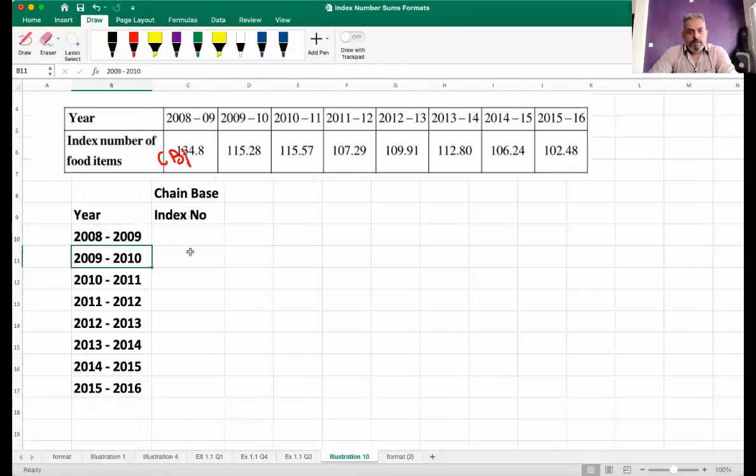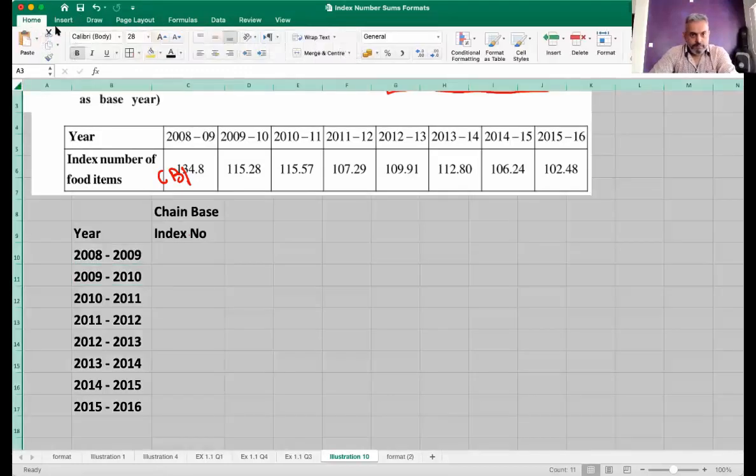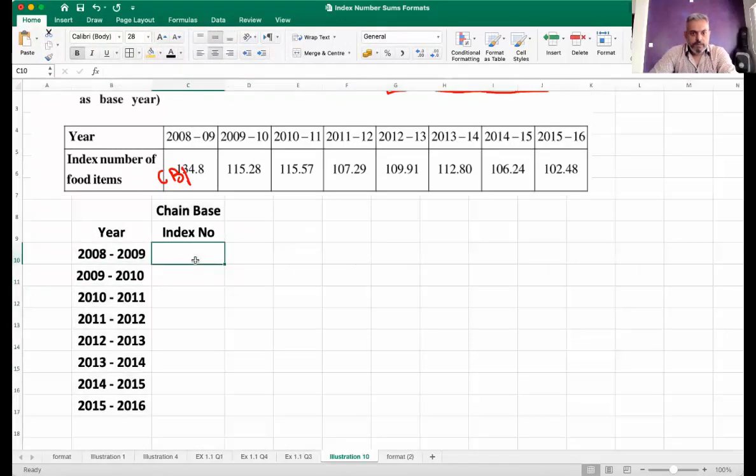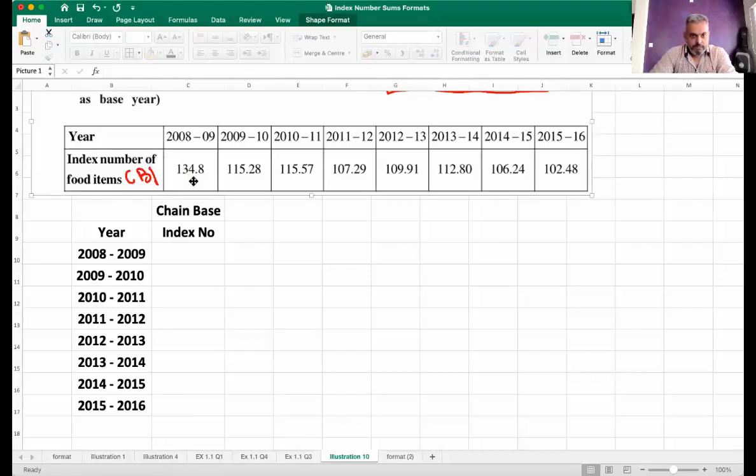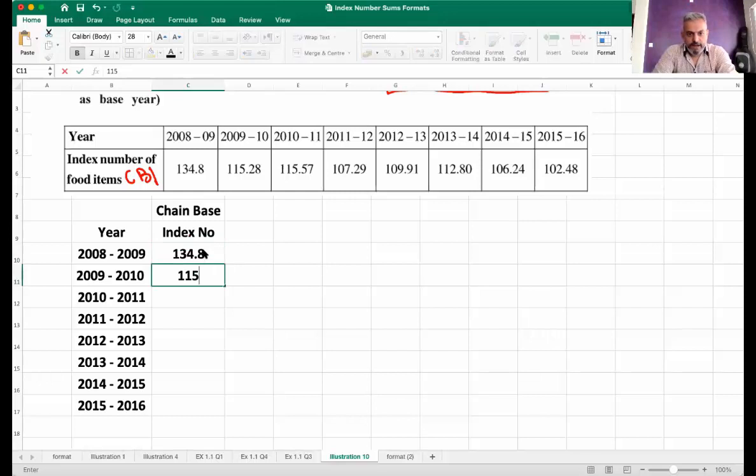Now, the years are with us. Let's write the index numbers. 134.8, 115.28, 115.57, 107.29, 109.91, 112.80, 106.24, and 102.48.